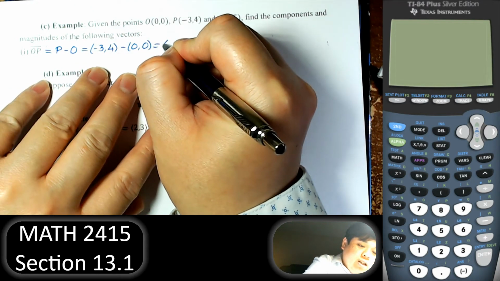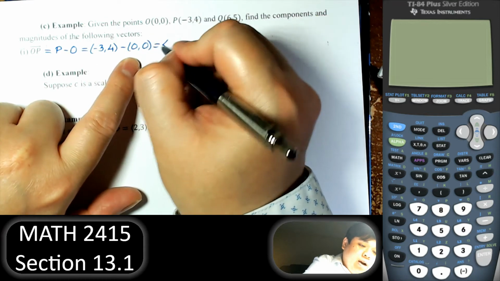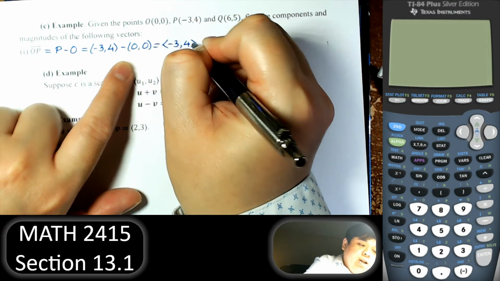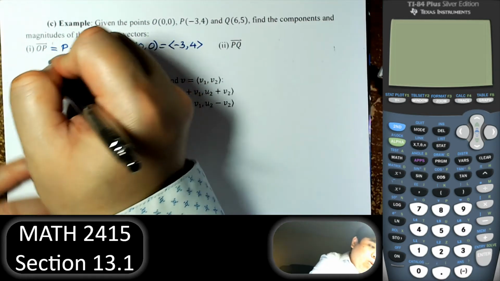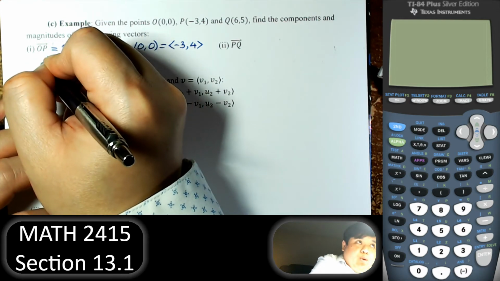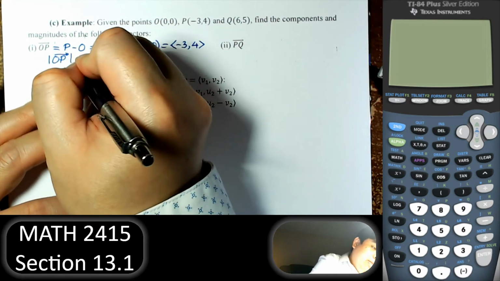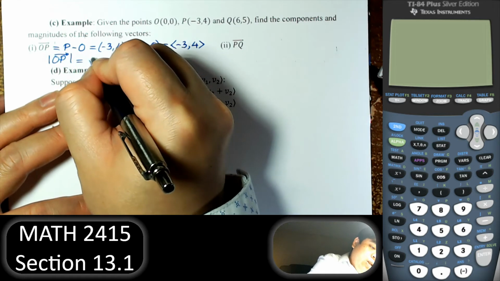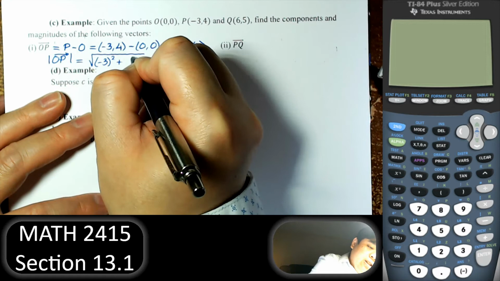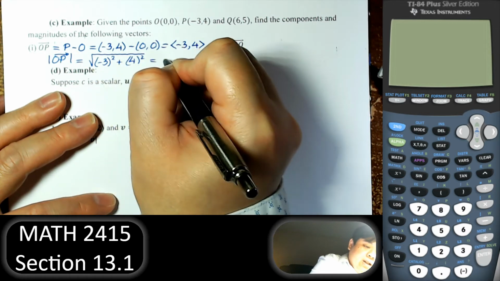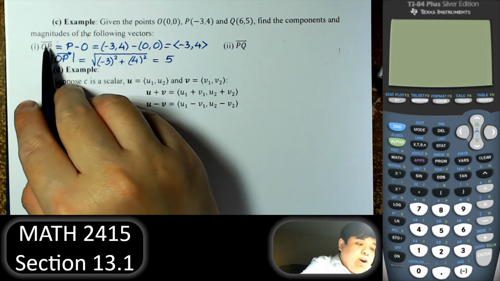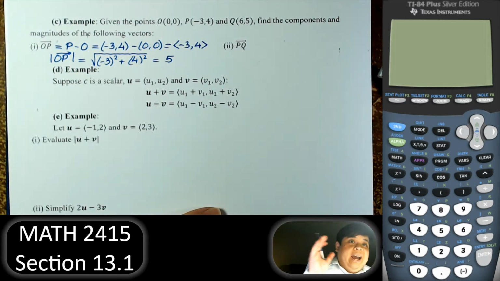And then we just subtract. -3 minus 0, 4 minus 0. Right? So that is vector OP. If we want the magnitude, again, if you want to use 2 bars, perfectly fine. It will be the square root of the squares of the components. That's going to be 5. So simple enough, right? Final minus initial, head minus tail.